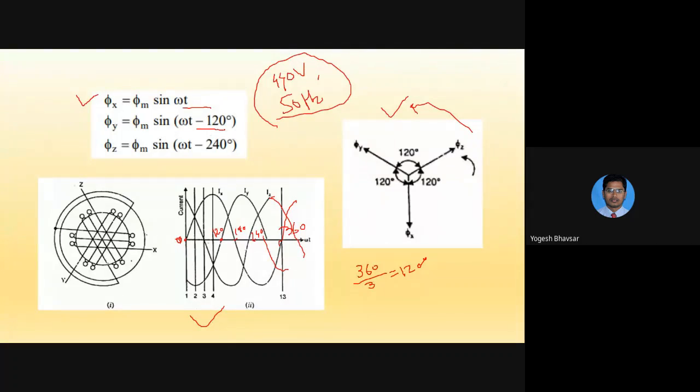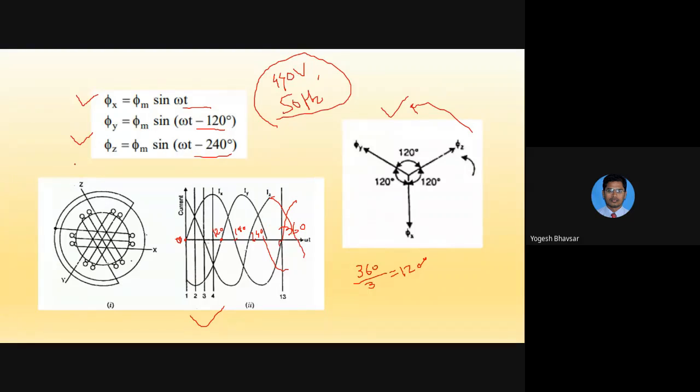It is starting from 120 degree back of phase X, so it will be omega t minus 120. And phase Z, which is starting from 240 degree back of phase X, so it will be minus 240. So these are the equations from this waveform.